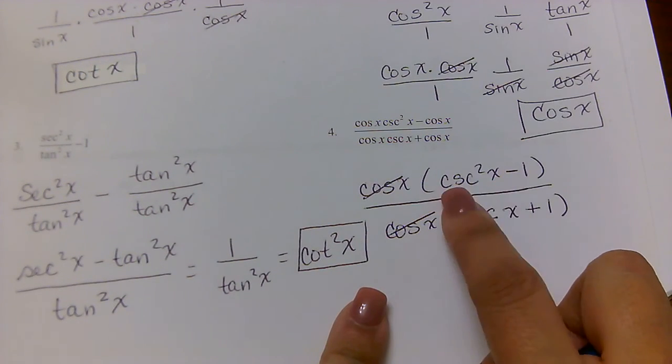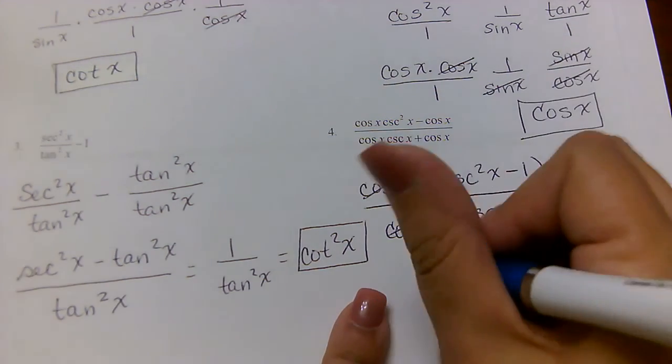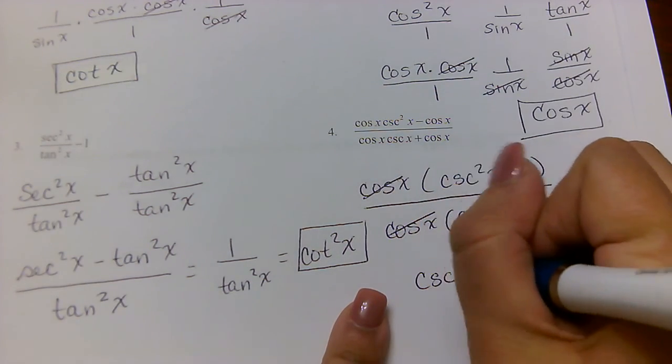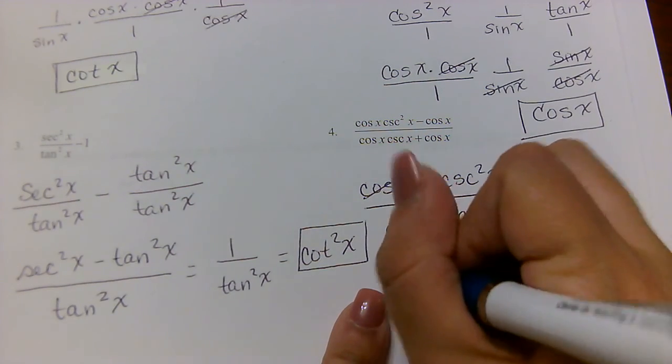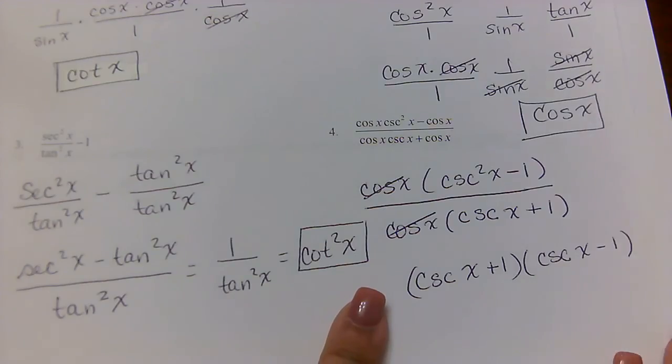and cosecant squared minus 1 can actually be factored out again. If you remember this from college algebra, this is what we call the difference of perfect squares. This is the same thing as cosecant x plus 1 times cosecant x minus 1.